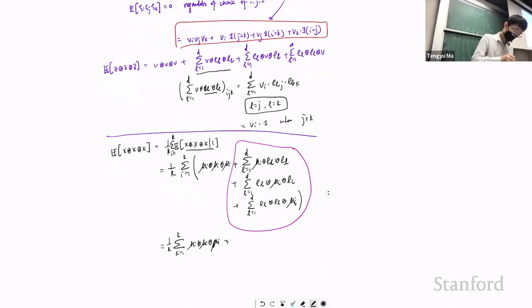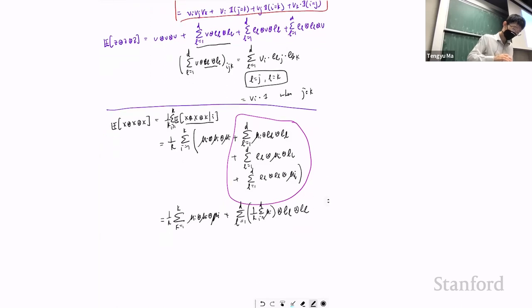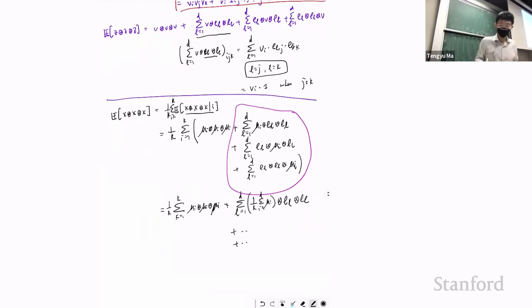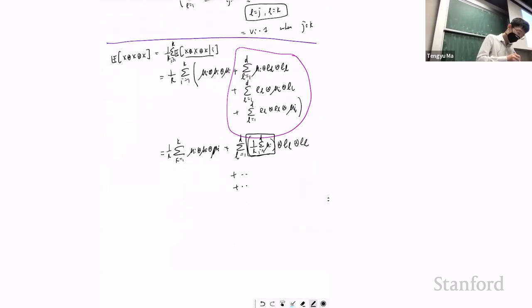For the rest of the three terms, you get the sum over L from 1 to d of 1 over k times the sum over i from 1 to k of mu_i tensor E_L tensor E_L, and you have the two other terms, which you can imagine what they look like. They are just permutations, rotations of these terms, changing the order. And now this one becomes the first moment of x. So you get 1 over k, the same.